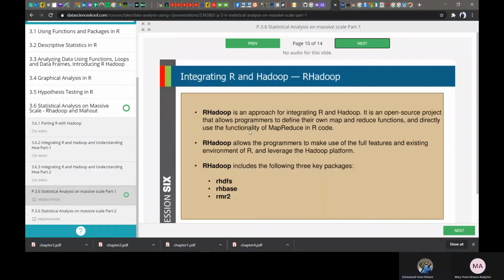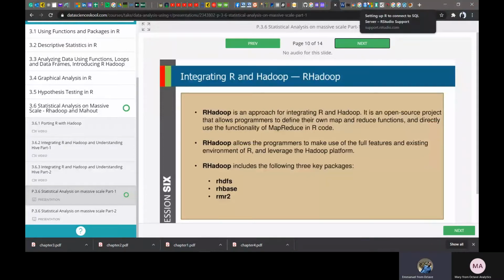RHadoop includes the following three packages: rhdfs, rhbase, and rmr2. In your booklet, I would advise you to go over these packages. They describe the functions that come with them that you can use.